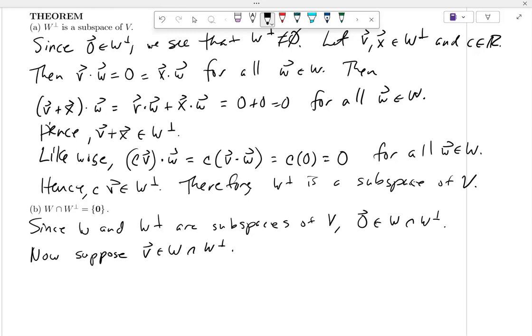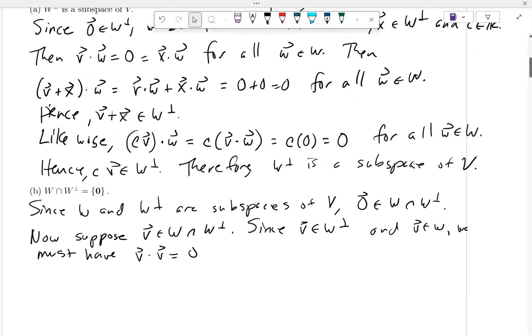So since V is in W perp and V is in W, when I take that vector and dot it with itself, I get 0.